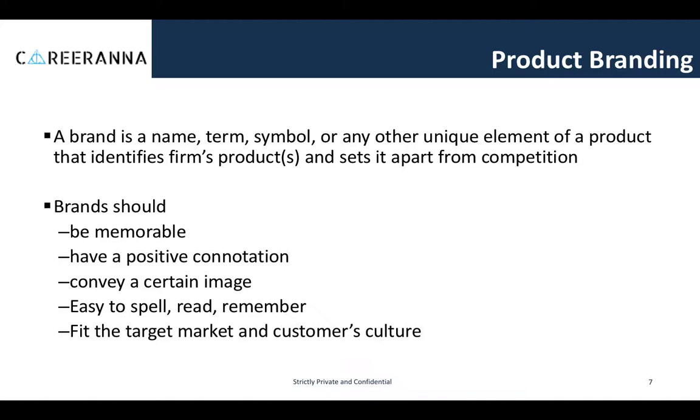And this brand, this term, this name, this symbol is going to differentiate my product from that of the competition. For example, the Apple logo, that Apple logo which you see on iPhones, that is the brand. That is how Apple has done the branding, and that is what makes it different from their competition. So a brand is a name, term, or symbol, or anything which differentiates your product from that of competition.